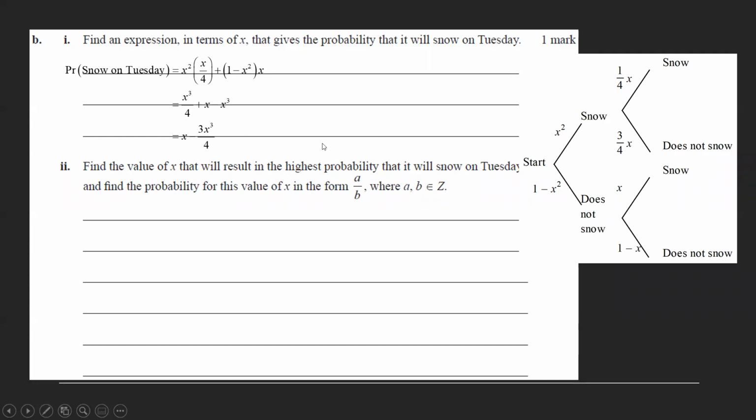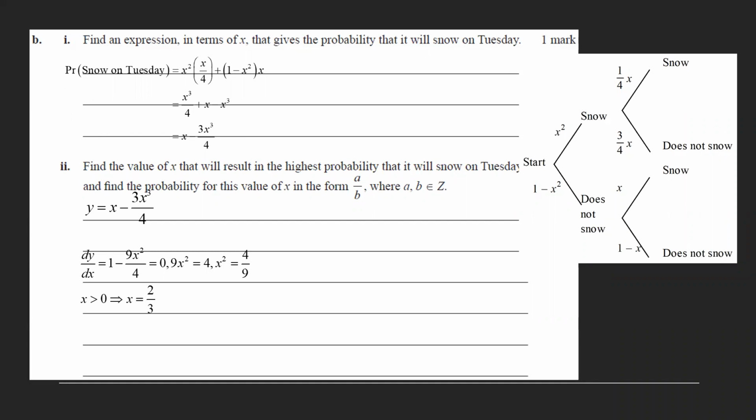So to get the highest something, it's all about optimization problems, which means you can let your probability be y and take dy/dx equal to 0. This is to find your potential maximum or minimum turning points. Now, equating that derivative to 0 will give you 9x squared equals 4. So x squared is 4 over 9.